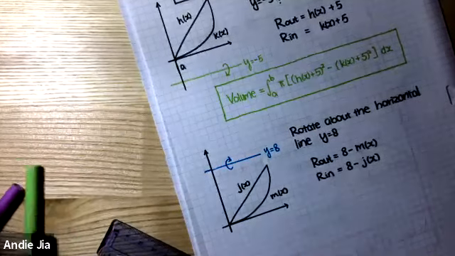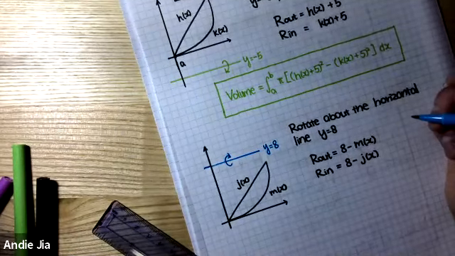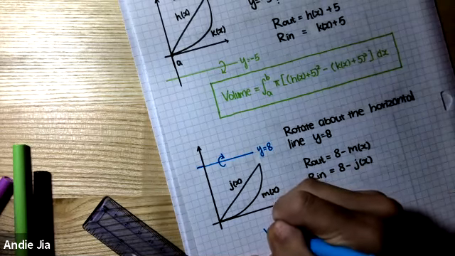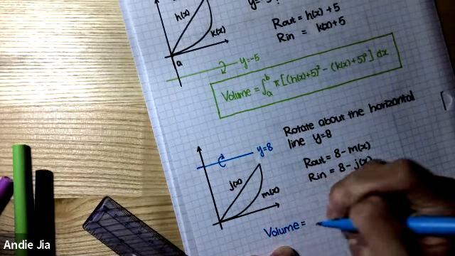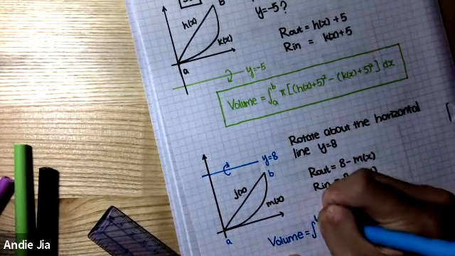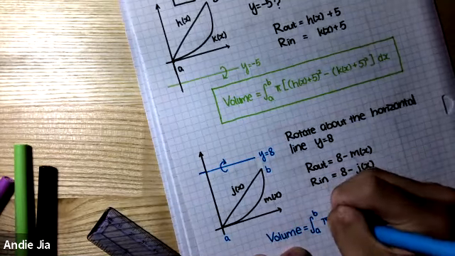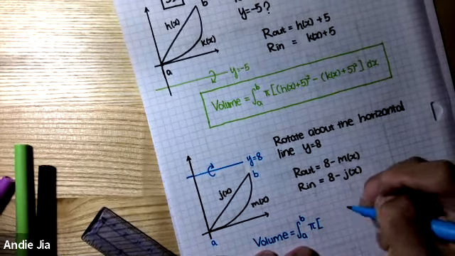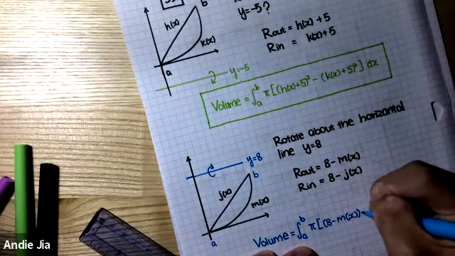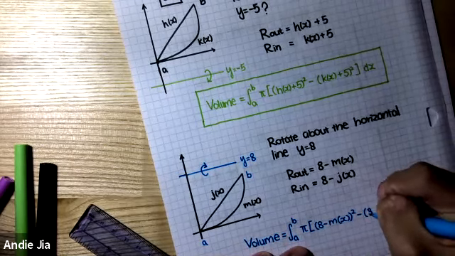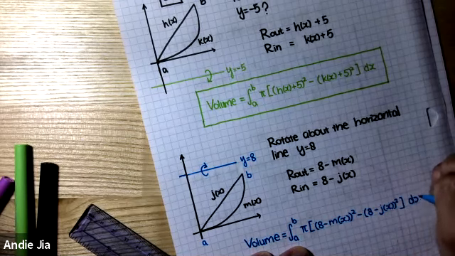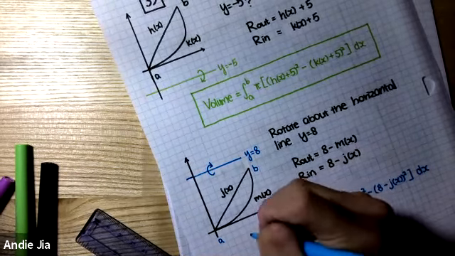Then the volume of the solid rotated about the horizontal line y equals 8 is the integral from a to b of pi times (8 minus m of x) squared minus (8 minus j of x) squared dx. It is the volume of the solid.